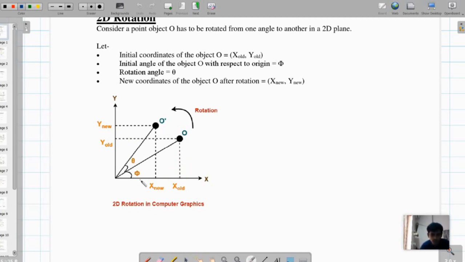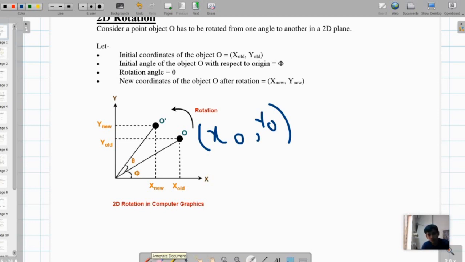Say in your two-dimensional plane xy, you have a point object O whose coordinate is x old, y old, and you have to rotate this point object by an angle of theta in the anti-clockwise direction.